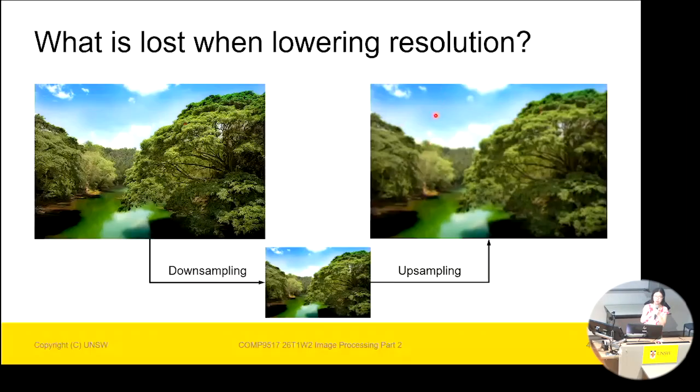That means the rate of change across pixels is quite low. So those background parts would contain mainly the low frequency information. And then the more highly changing regions are the high frequency regions.